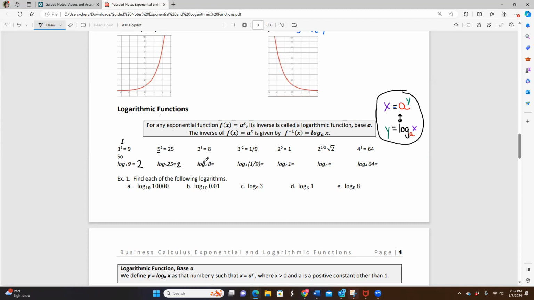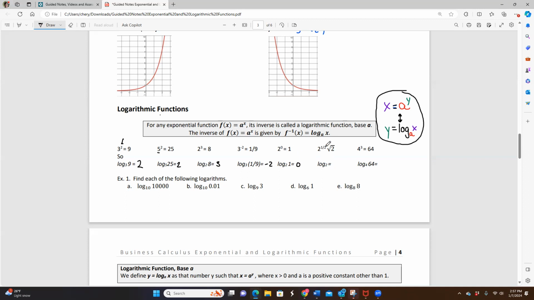If 2 cubed is 8, log base 2 of 8 is 3, the exponent. If 3 to the negative 2 power is 1/9, then the log base 3 of 1/9 equals -2.